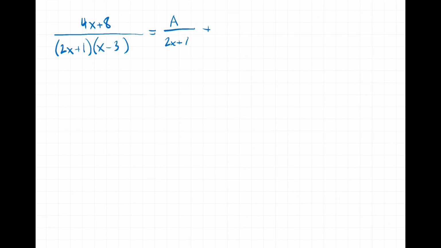Let's put these all back together here. We said that 4x plus 8 over 2x plus 1 times x minus 3 is equal to a over 2x plus 1 plus b over x minus 3.